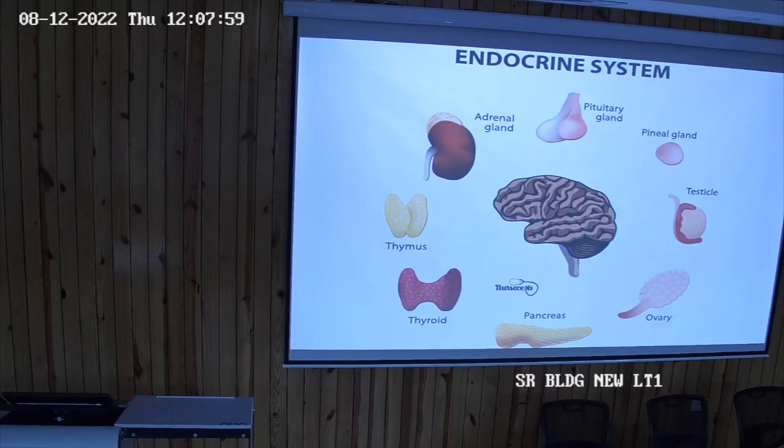So Rathke's pouch gives development to the anterior lobe of the pituitary gland and the intermediate cleft. The second part is the posterior lobe of the pituitary gland. This posterior lobe develops from a downgrowth.